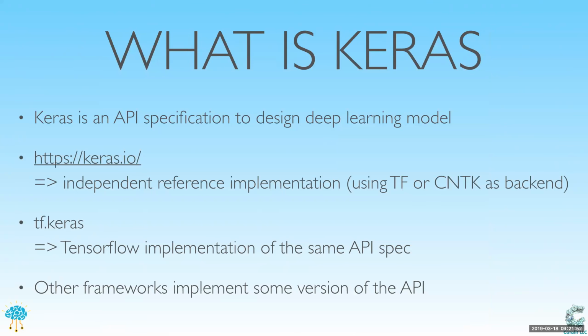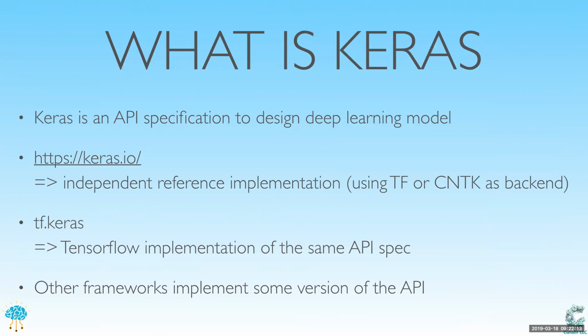So how do we understand Keras in 2019? Well, Keras is basically an API specification to design deep learning models, okay? And the Keras.io version is an independent reference implementation of this API specification. And this still supports different backends.